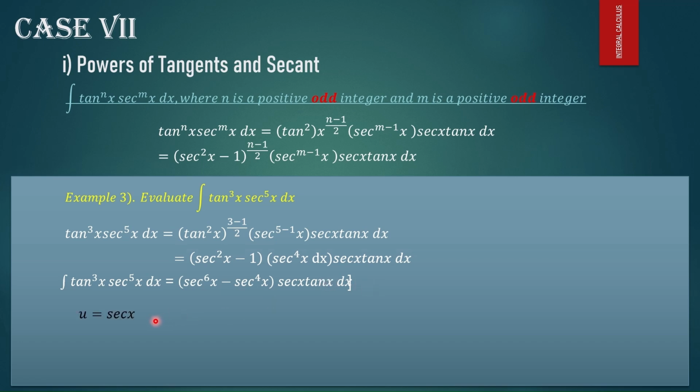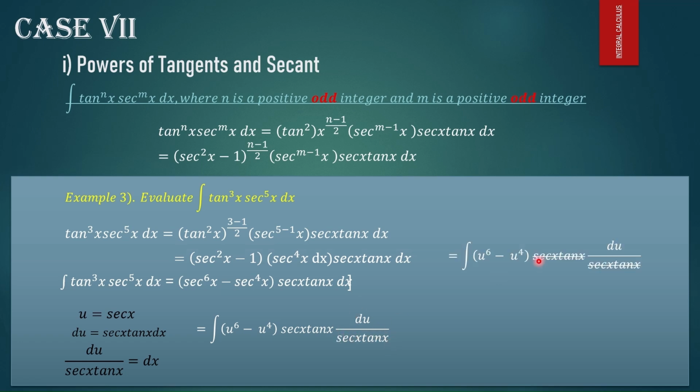We let secant x to be our u. By substitution, we get the integral of u raised to 6 minus u raised to 4 multiplied to secant x tan x du over secant x tan x. We can cancel out secant x tan x.